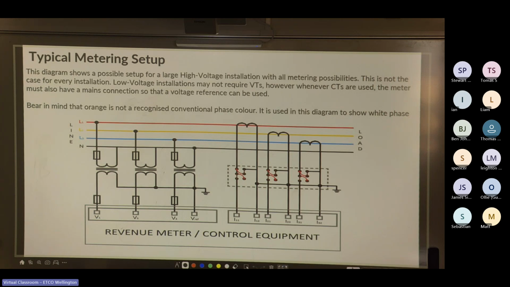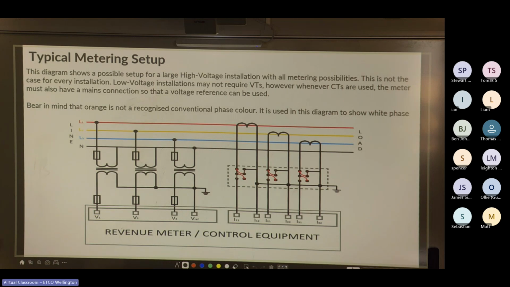See there, you've got the revenue meter control equipment. So you've got the primary side of L1, 2, and 3 connected to 3 different double wound transformers with an inline fuse, which are then connected to the neutral conductor.